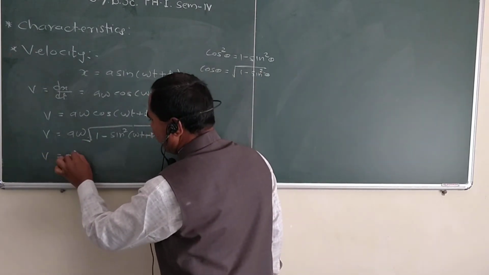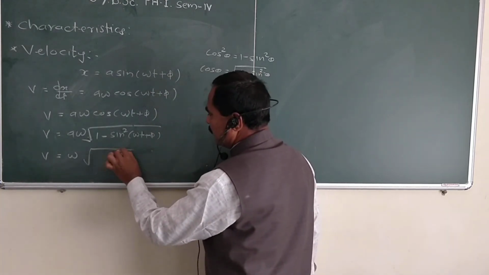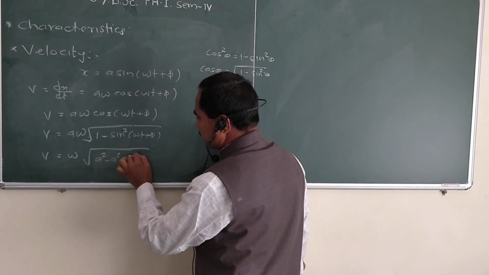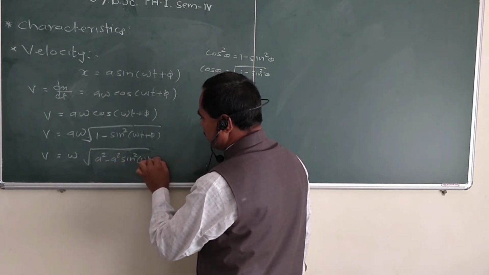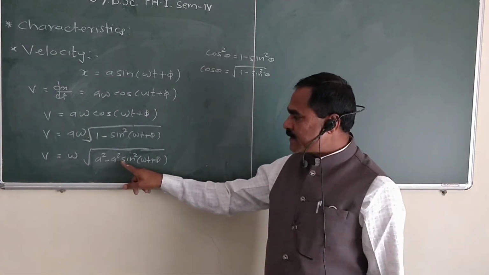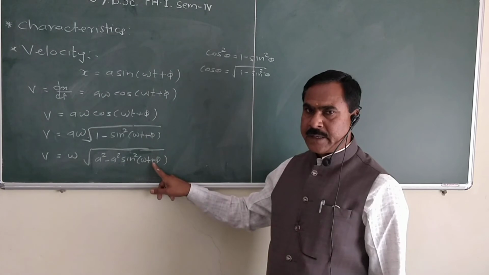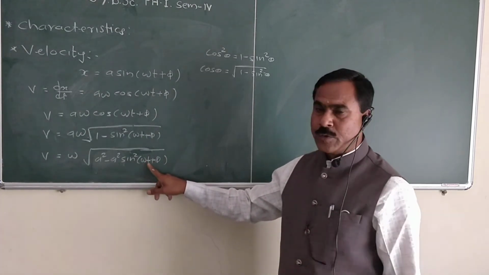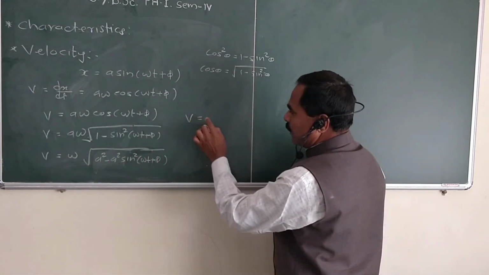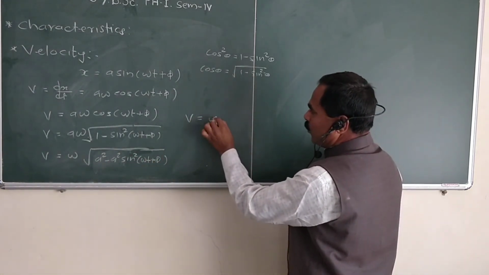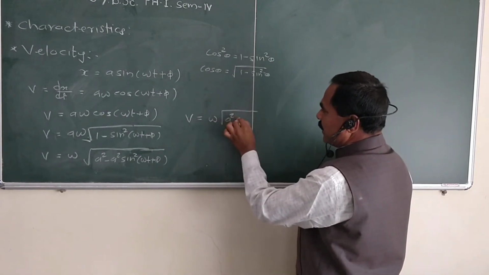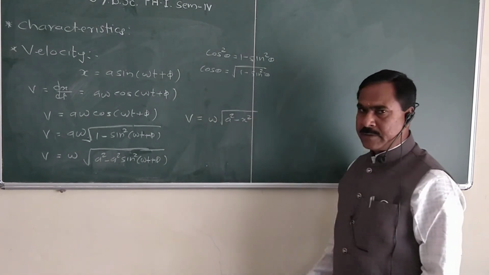Therefore, v equal to omega in root of a square minus a square sin square of omega t plus phi. Then we write a square sin square of omega t plus phi as x square according to the equation of motion. So we write v equal to omega in root a square minus x square.